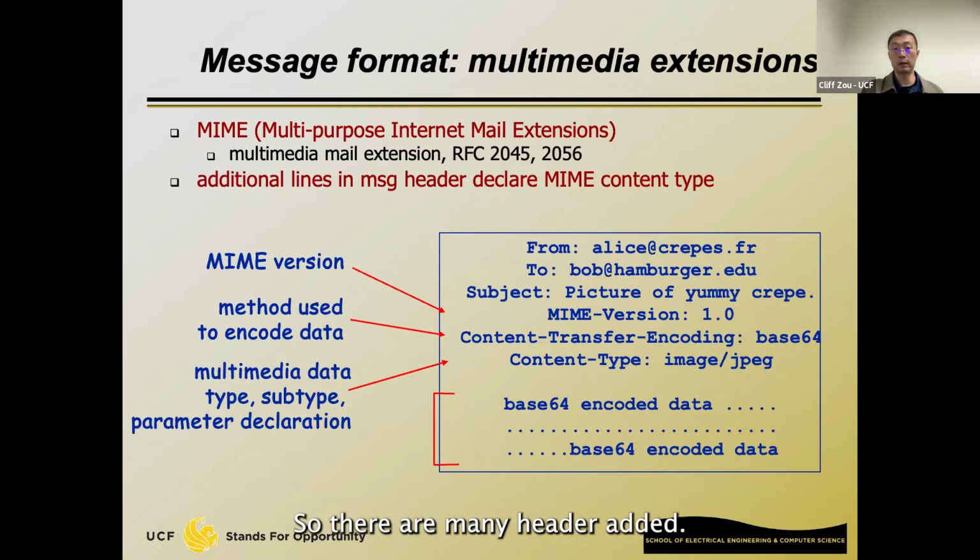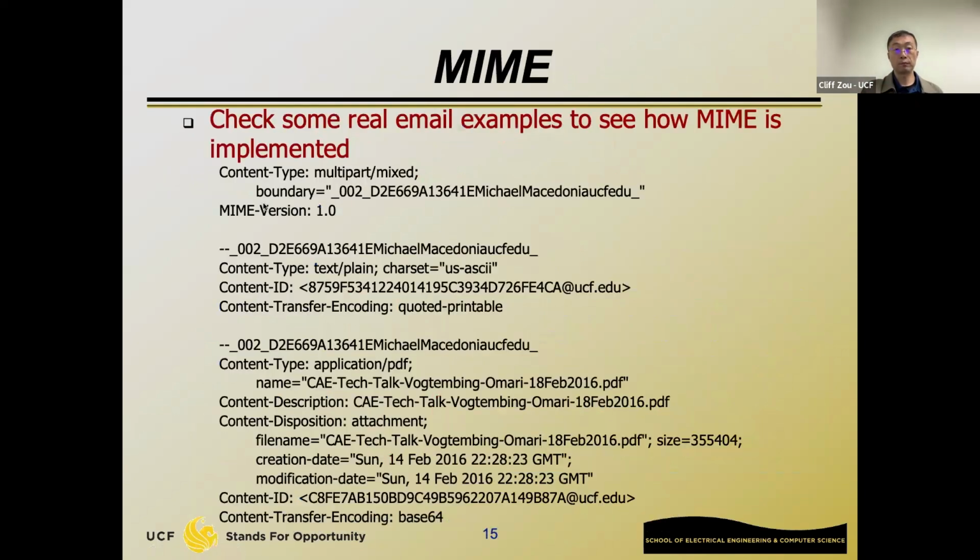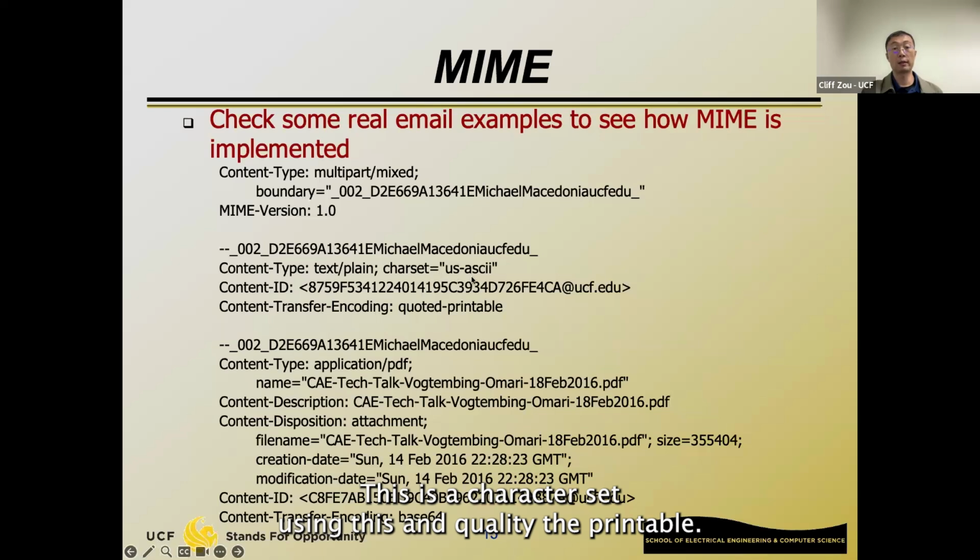So there are many headers added. This is one example. The content type is text plain. This is the character set used. And quoted printable, because this is already text-based, so it doesn't do any encoding.